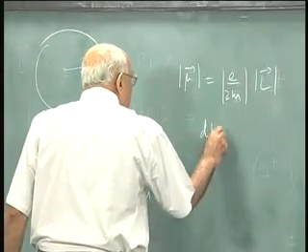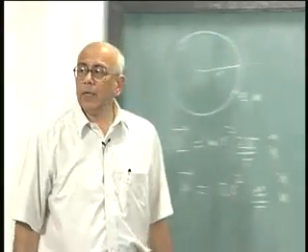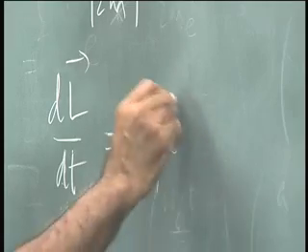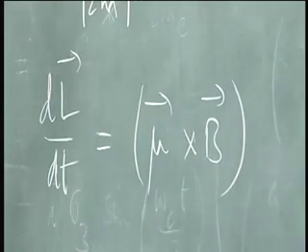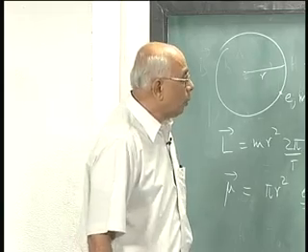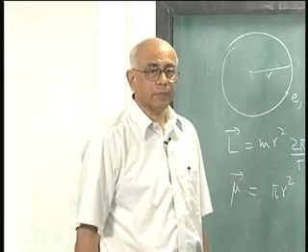What is dL over dt? What is the rate of change of angular momentum? It is equal to the torque. It is equal to mu cross B. What is the frequency of precession? What is the Larmor frequency of precession?